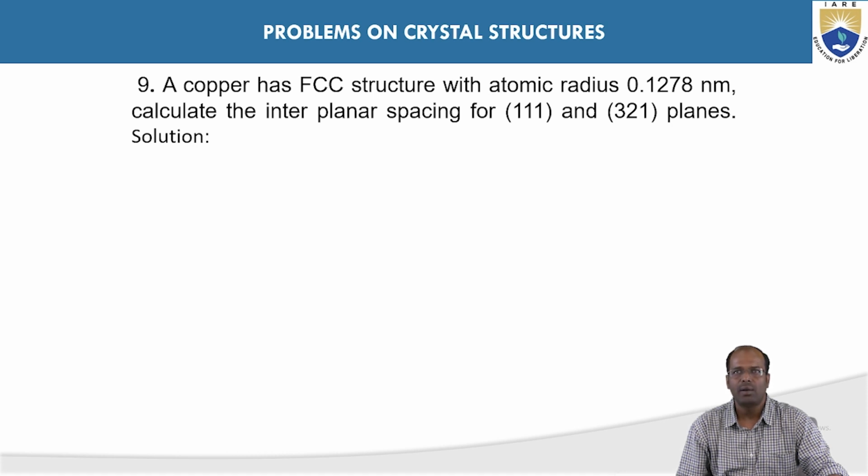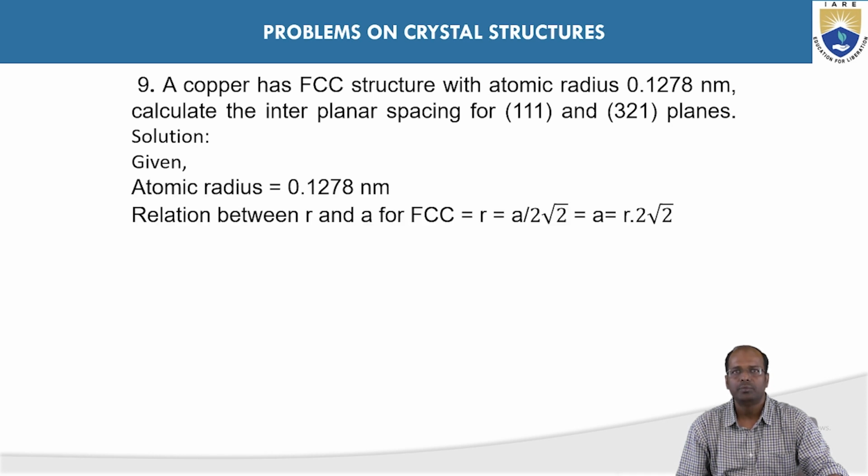The atomic radius formula is R is equal to A by 2 root 2. So finally A is equal to root 2 into R, where R is 0.1278 nanometers. After substituting, the final value we got is 3.61 angstroms.